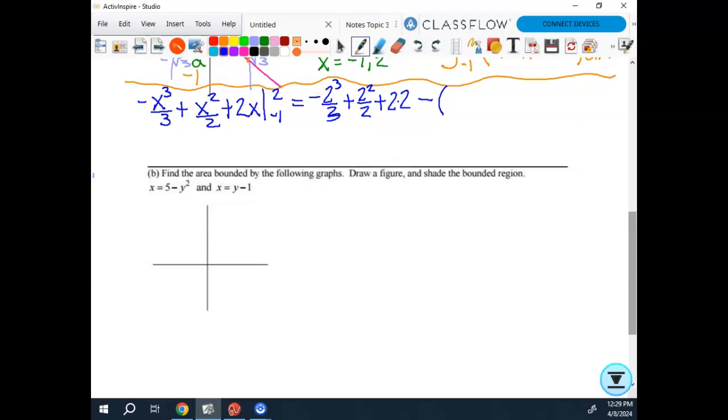Minus, I substitute in the negative 1, so it's negative 1 cubed over 3 plus negative 1 squared over 2 plus 2 times negative 1.